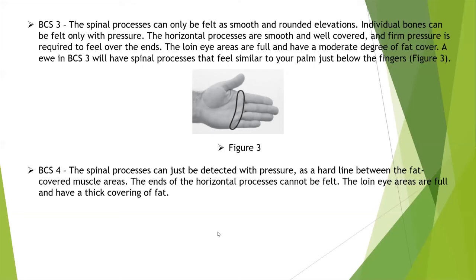With your body condition 4, if you're looking at them, this is where you're starting to notice that your animal may be starting to become a little tubby. They're not waddling around because they're so fat yet, but they're getting there. Visual appraisal, you're going to see a rounding to the top of their back as you look at them. You have to press to be able to find the spinal process.